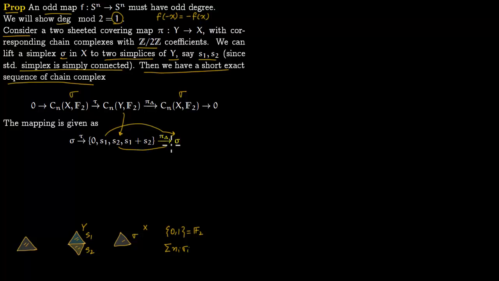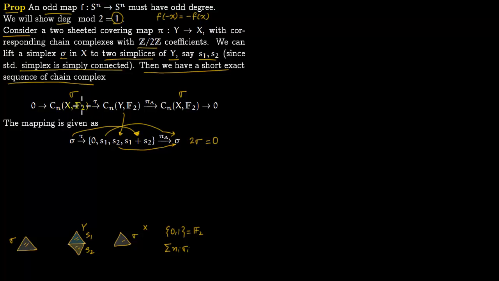Then s1 plus s2 will get mapped to 2 sigma, but now we are working in F2, so this 2 becomes 0. So s1 plus s2 is precisely what lies in the kernel of this map. So this sigma we are going to map to s1 plus s2.